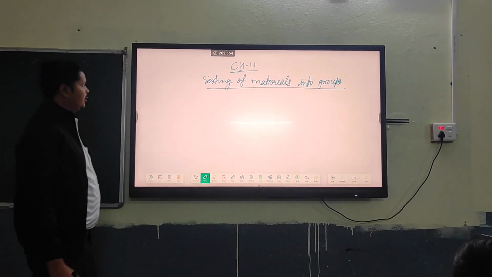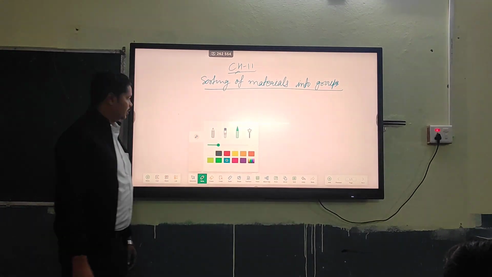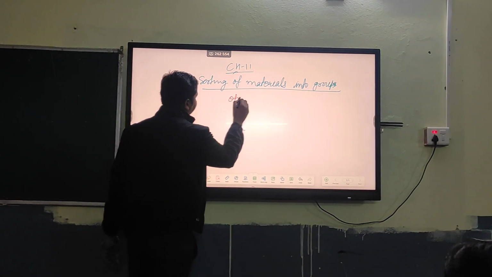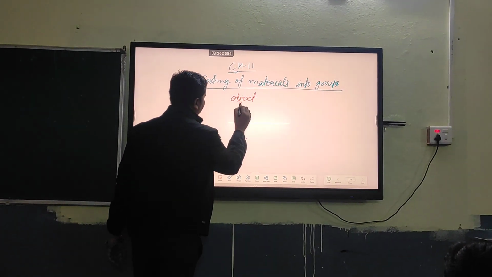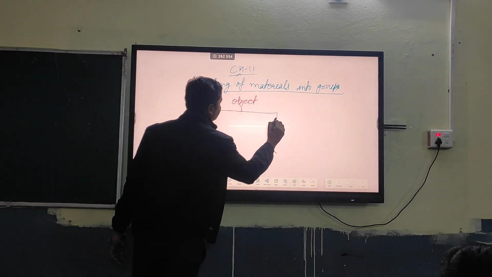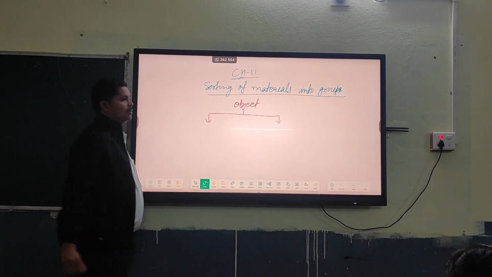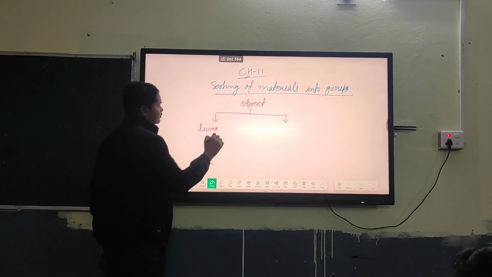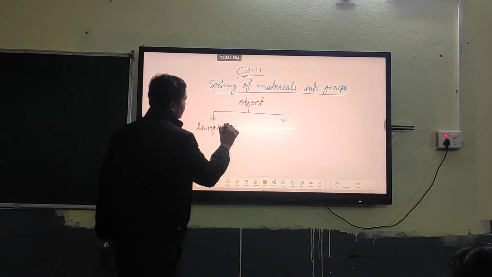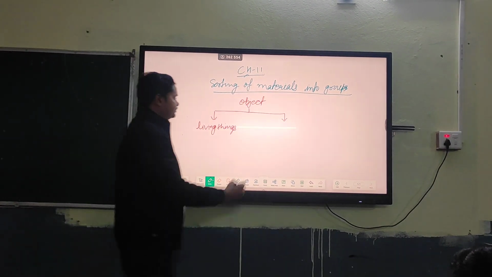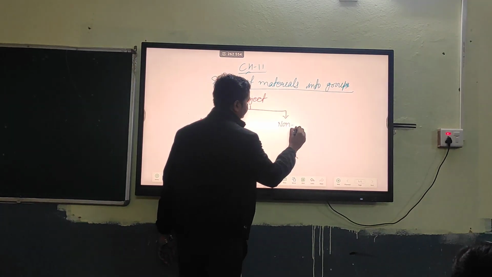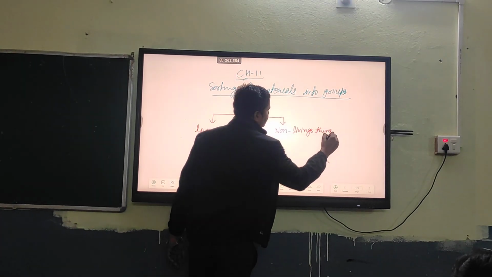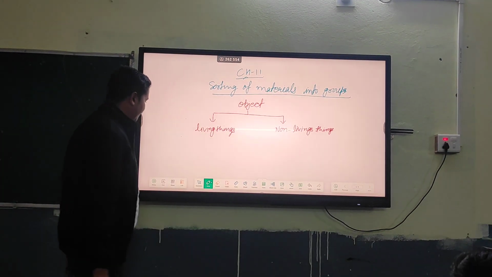Basically, we divide objects into two parts. First one is living thing, another one is non-living thing.